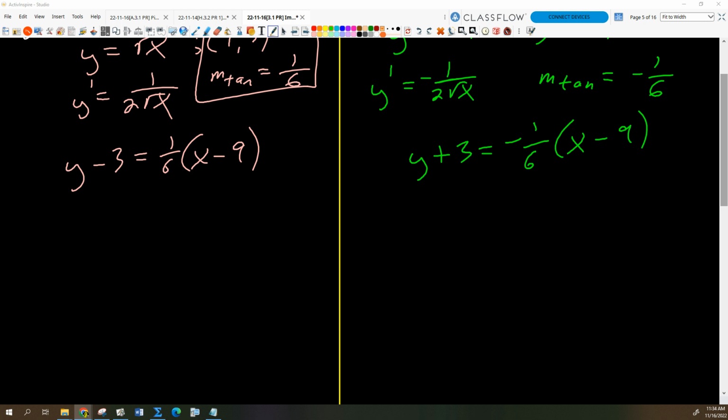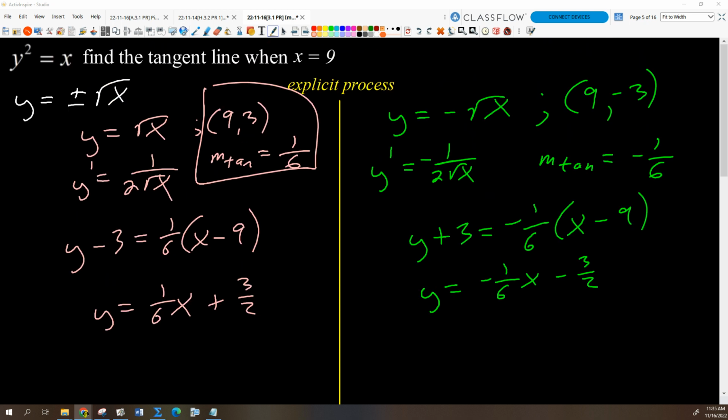And if we do all the math here, I'm going to get y equals negative 1/6 x minus 3/2, and y equals positive 1/6 x plus 3/2. Okay, good? All right, let's see if we can come up with a better approach, though.